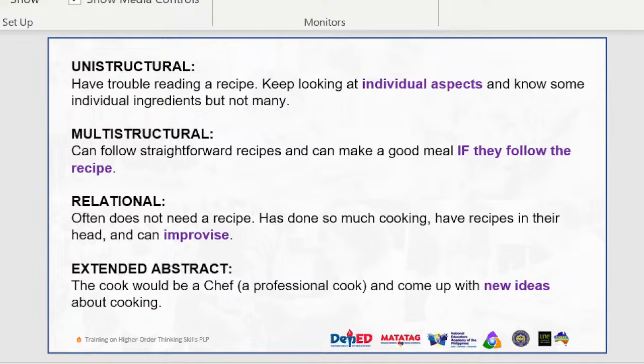So the unistructural, the cook has trouble reading a recipe. Keeps looking at the individual aspects, the individual ingredients.